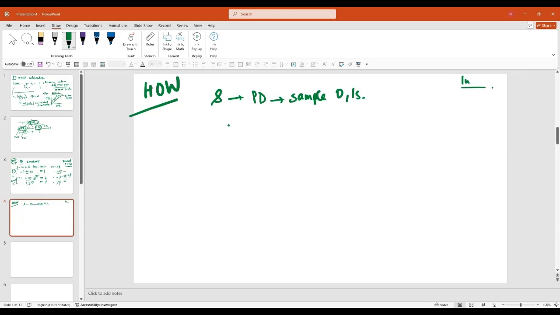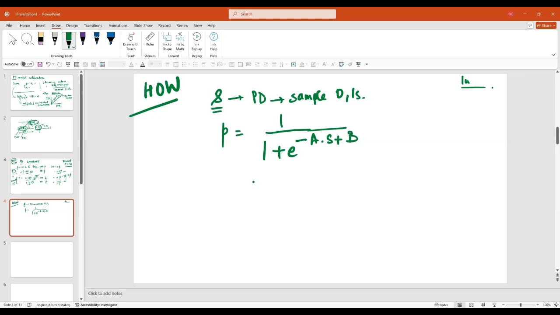So basically, what you do is you convert this score into a PD measure, which can be, for example, written like this: 1 upon 1 plus e raised to minus (a times s plus b).